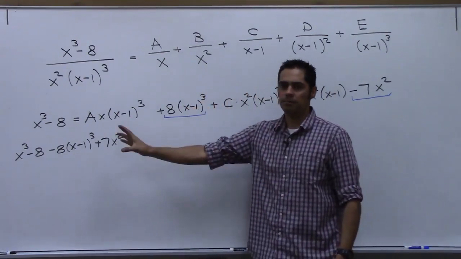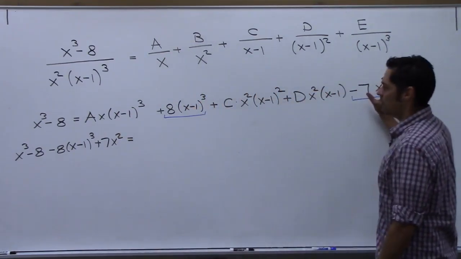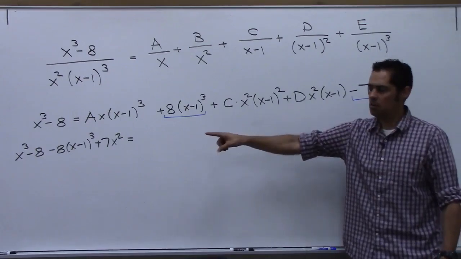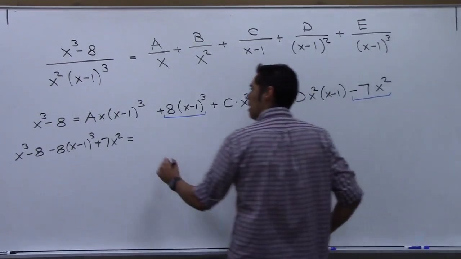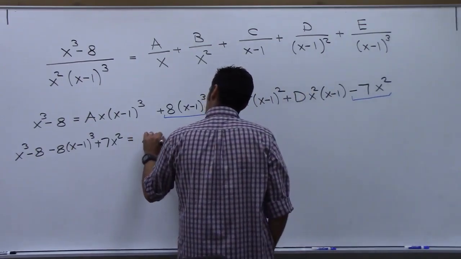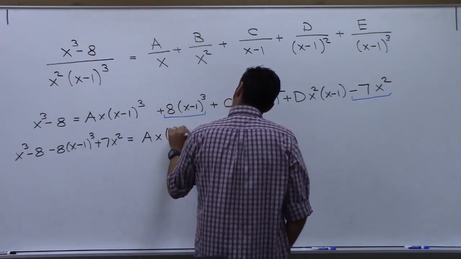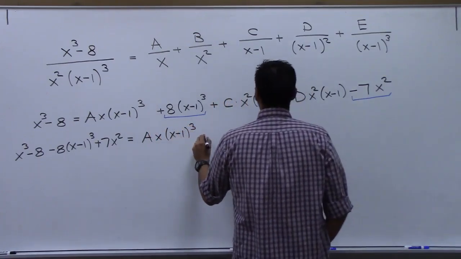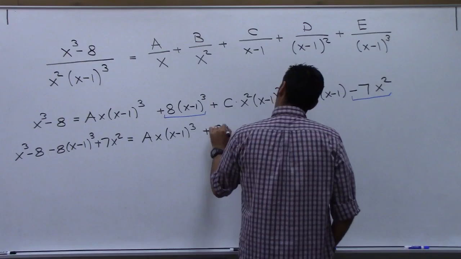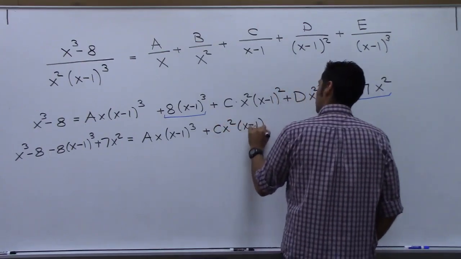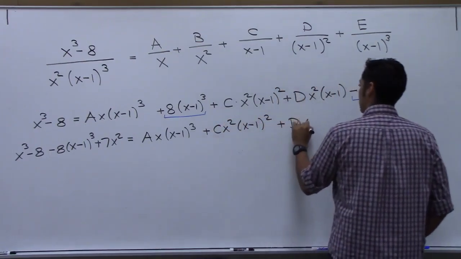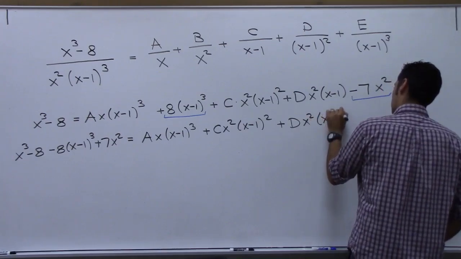Took this over, took this over, and all I have left on the right side is a times x minus 1 cubed plus c x squared times x minus 1 squared plus d times x squared times x minus 1.